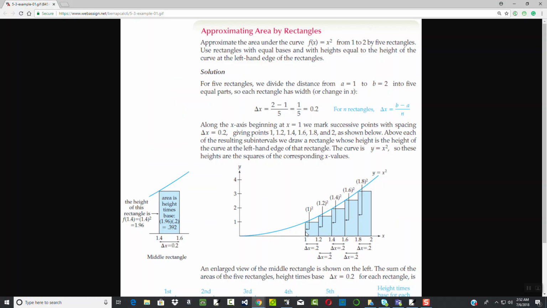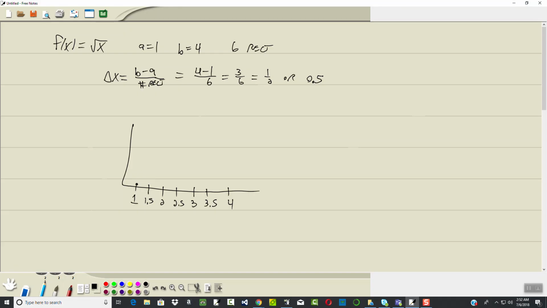Now, if you look at what happens here, the rectangle is starting here, ending here. So ours will start here, end here. Actually, let me draw this halfway decent. If we're trying to graph y is equal to square root of x, well, 0, 0 would be one of them. If I put 1 in, that'd be 1, 1. If I put 4 in, square root of 4 is 2, so it'd look like this. Okay, so we're looking from 1 to 4 specifically.